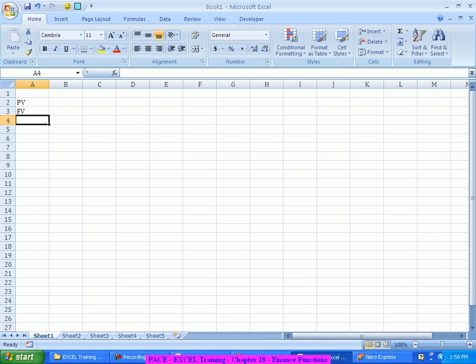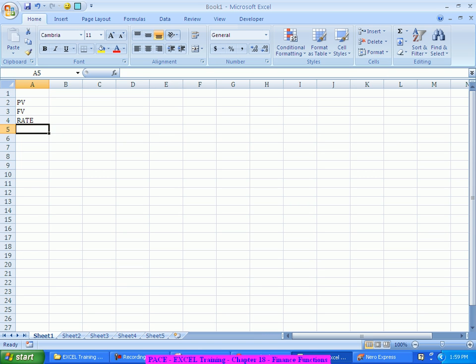FV is future value, pay or get something in future as a lump sum, not a repeated installment kind of amount, but as a lump sum I pay or receive as one value. Then there is an interest rate in the process, which in Excel is called rate.